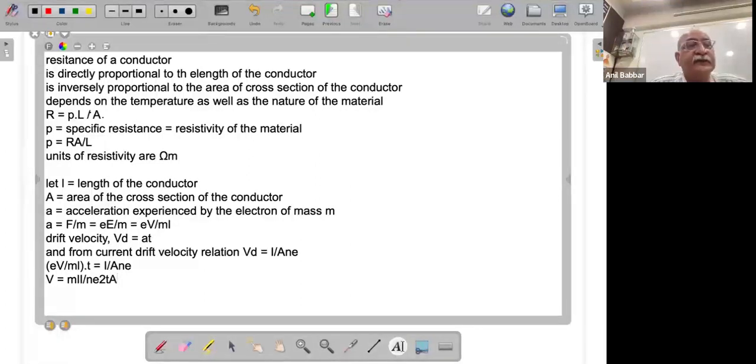Here we see that m remains constant, L remains constant, n is the number of electrons, e is the charge on the electron, and these all factors remain constant. So we have V directly proportional to I.